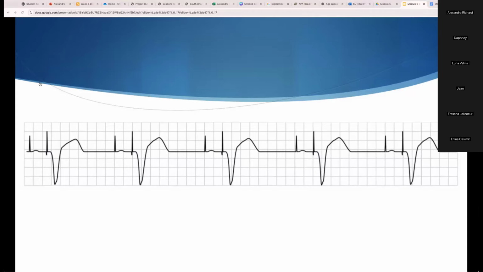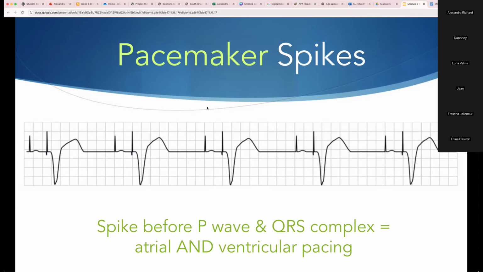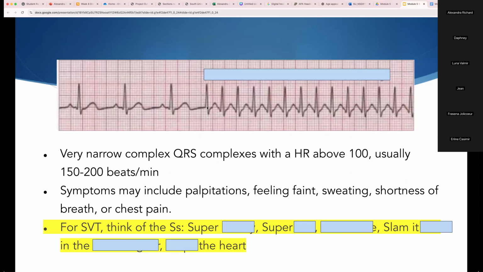Is this patient atrially paced, ventricular paced, or both? Very good. All right. So something happened here on this EKG strip.